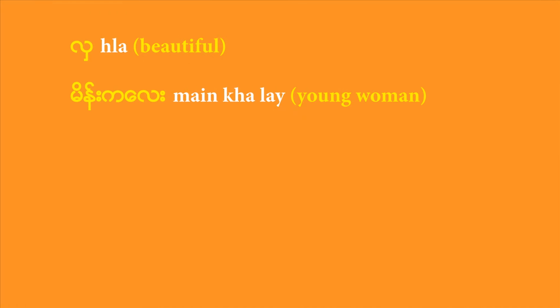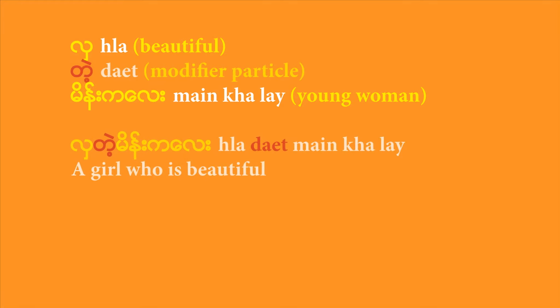The word beautiful is hla. It is the verb that means to be beautiful. The word for a young girl or a young lady is mein klay. So if you want to say a girl who is beautiful or a beautiful girl, all you have to do is this. You say hla de mein klay.